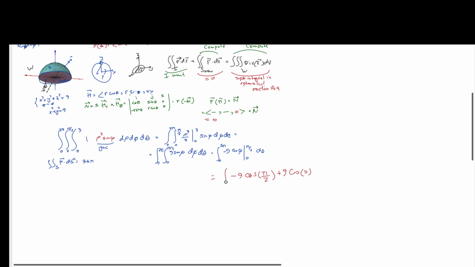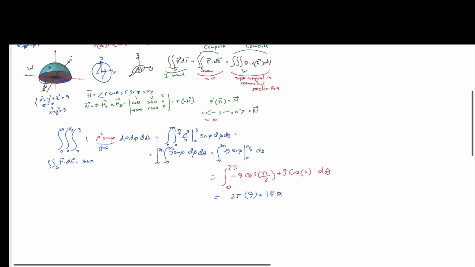Then compute the integral from 0 to 2 pi over theta. With respect to theta I get 2 pi times 9, which is 18 pi.